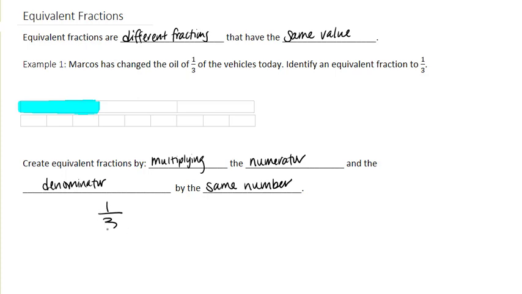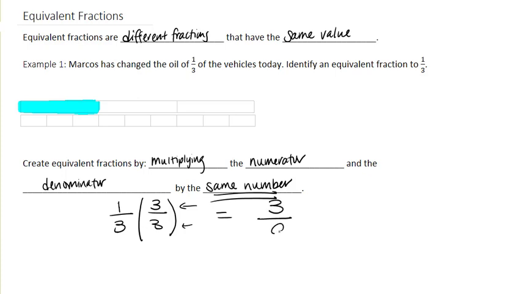So we have 1/3, and let's actually multiply the top and the bottom by 3. So we have the same number on the top and the bottom. We're going to multiply 3 times 1, which is equal to 3. And now 3 times 3 is equal to 9. So we have 3 9ths.